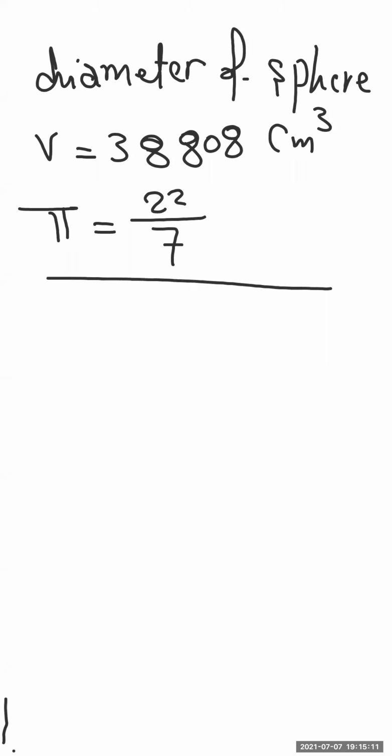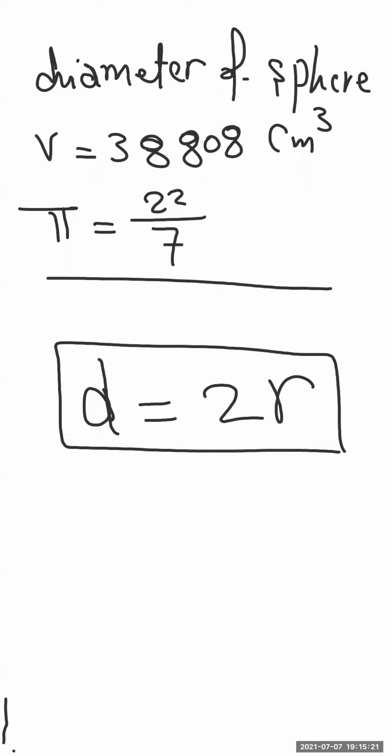Okay. On the previous question, we got the radius. Here, we want to get the diameter. Guys, actually, diameter equals 2r, right? So we have to get the radius and multiply it by 2. Okay?